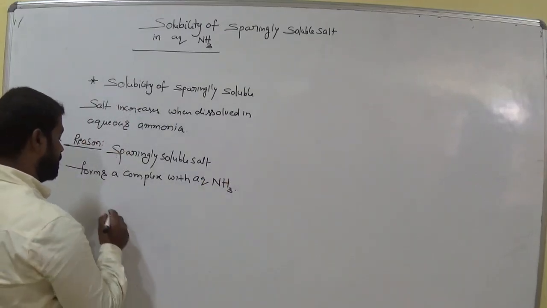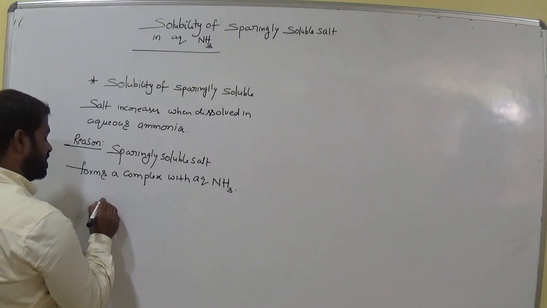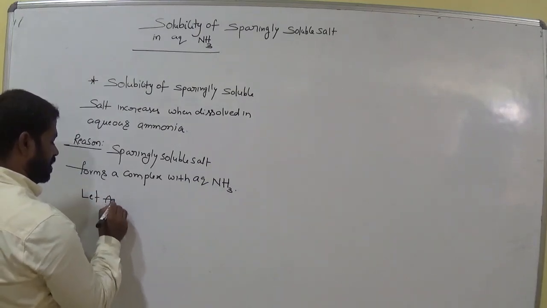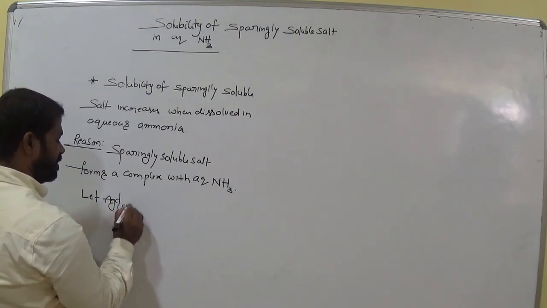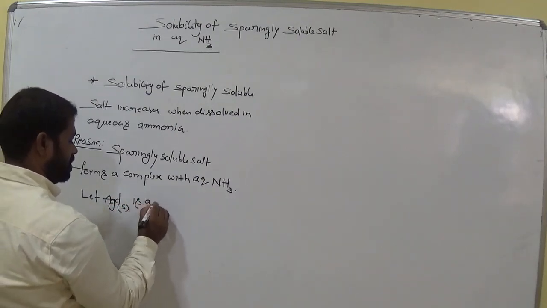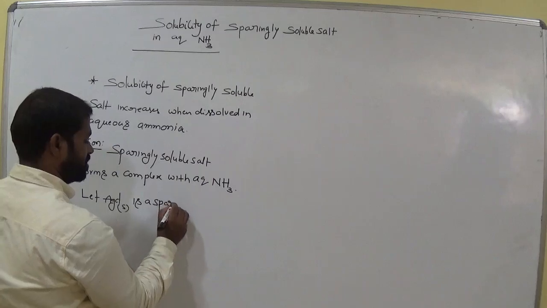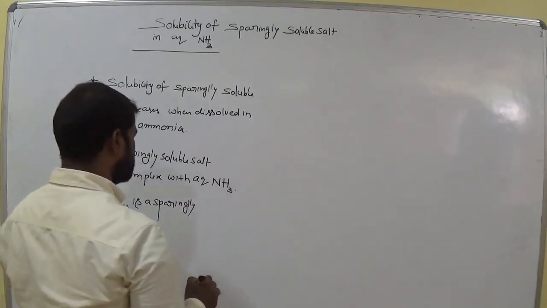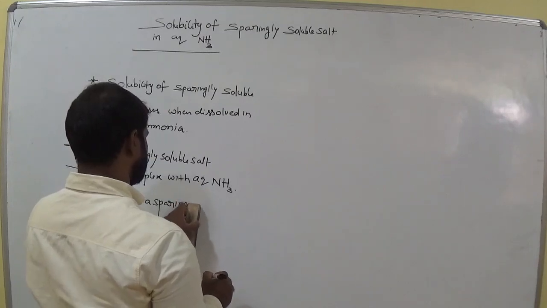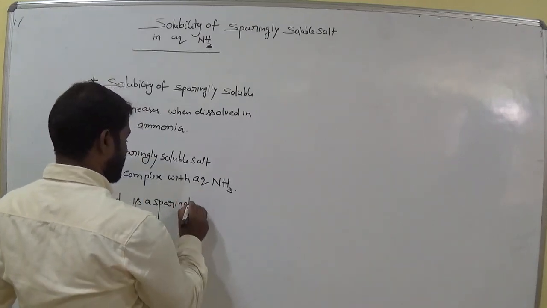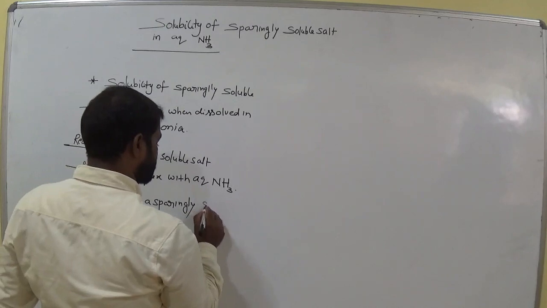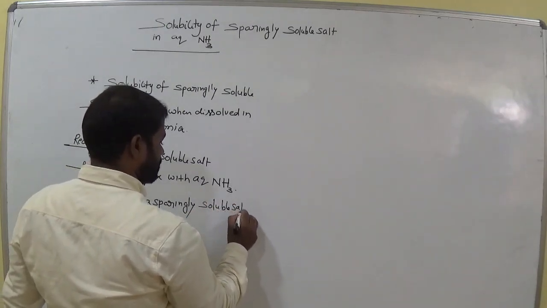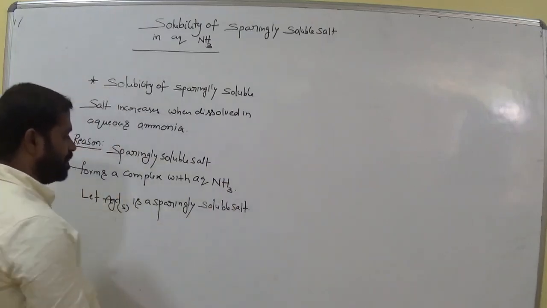Let's see the equation. Let AgCl be a sparingly soluble salt.